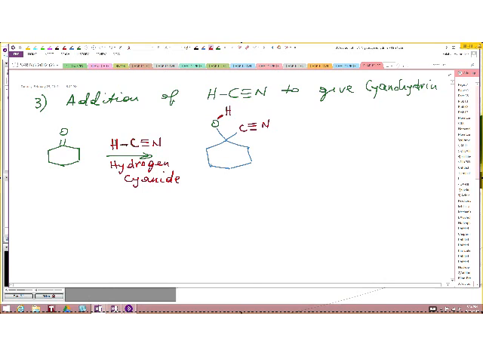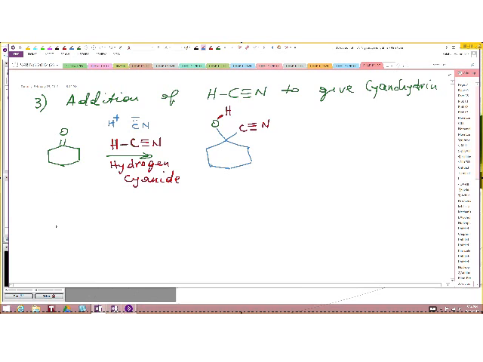So what have we done here? In essence, we have added the hydrogen cyanide across the carbon-oxygen double bond. In which case, the cyanide here is acting as a nucleophile, and of course, the proton is then added after the addition of the cyanide to the electrophilic carbon, which is this one here.